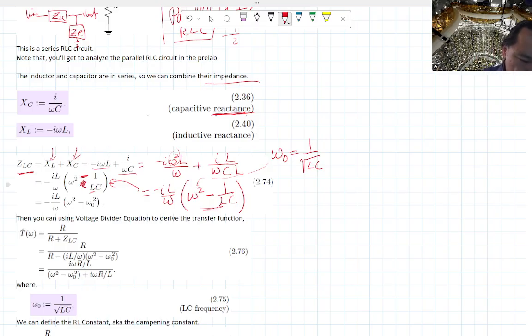So that's the reason for defining this new frequency. This is known as the resonant frequency.